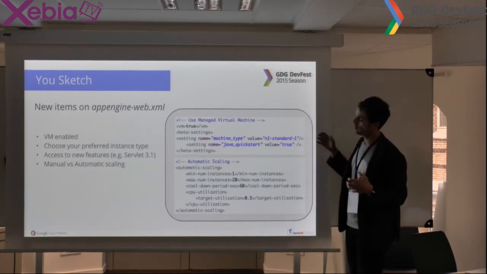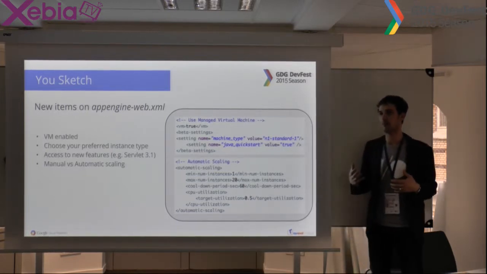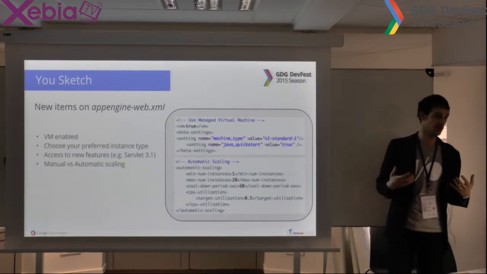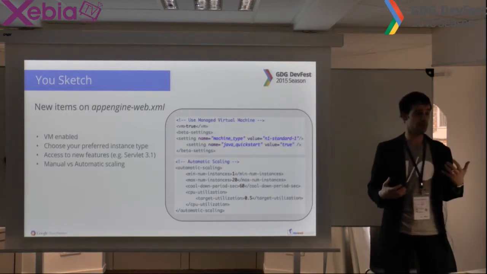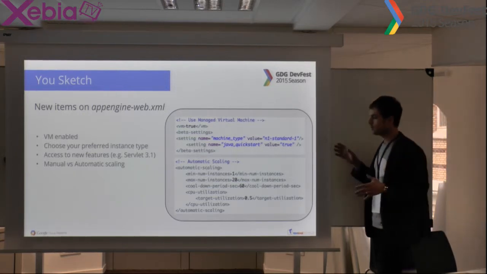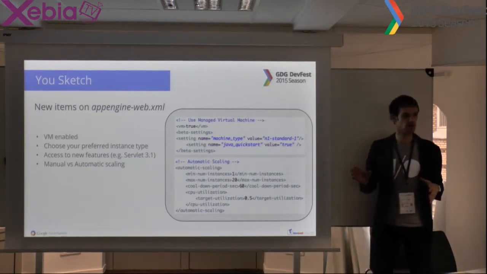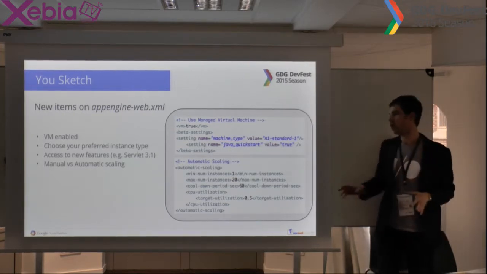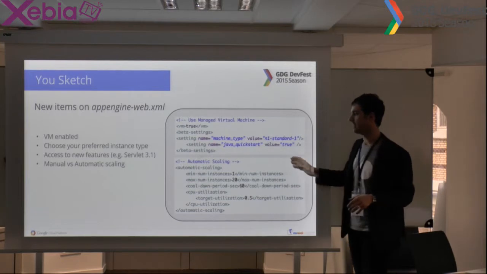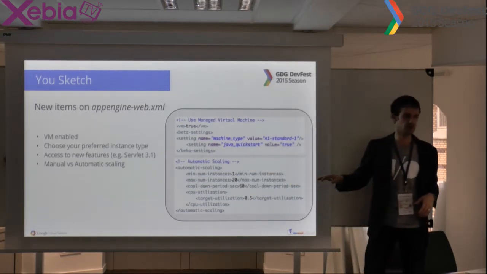So what is the main feature of Google App Engine? It is the ability to scale the number of backend instances in an automatic way. Thanks to that configuration, we can have similar behavior using Google Compute Engine. Here we can define the minimum and maximum number of instances that our application could have.